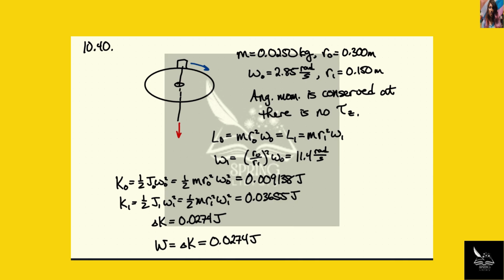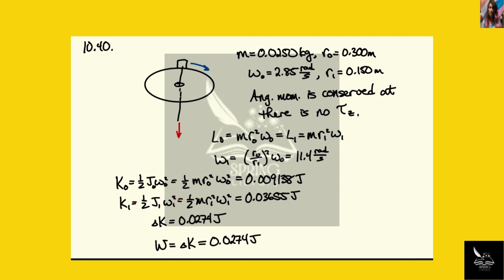Then they ask us about the kinetic energy. We can write it out, and initially the kinetic energy is 1/2 m r0 squared omega squared, which winds up being 0.009138 joules.